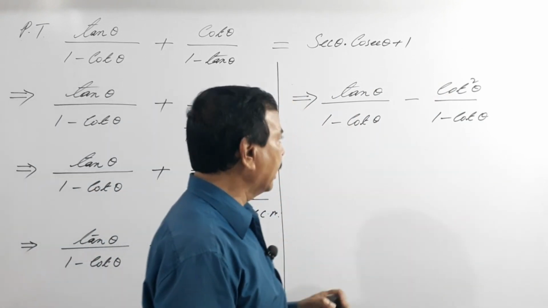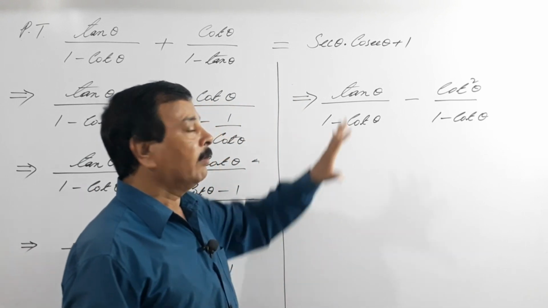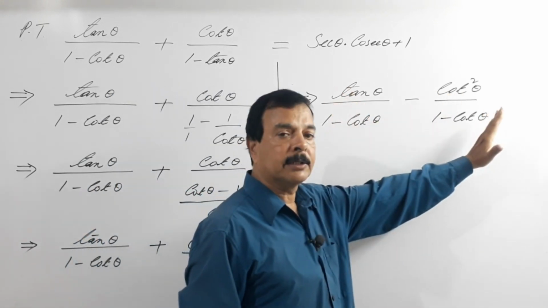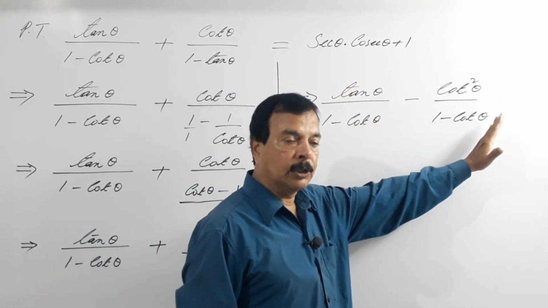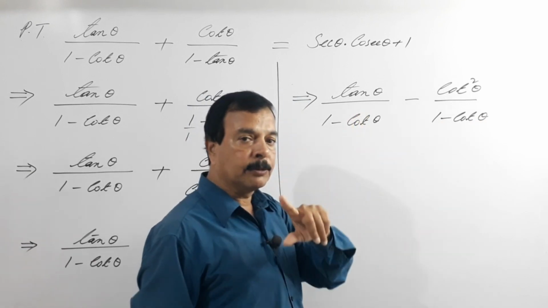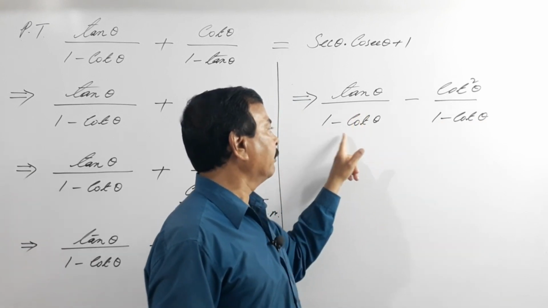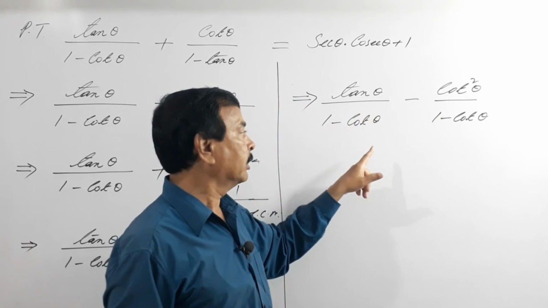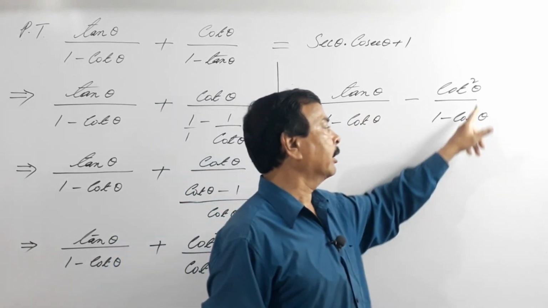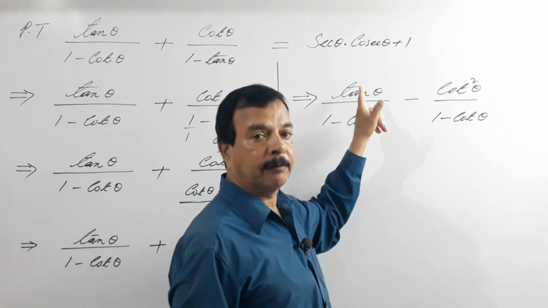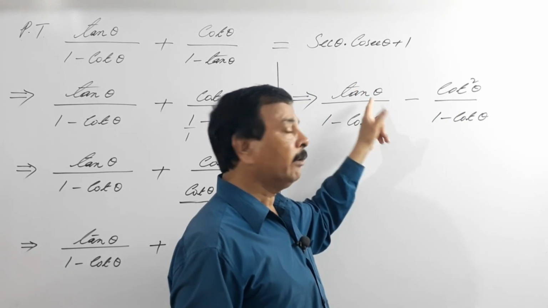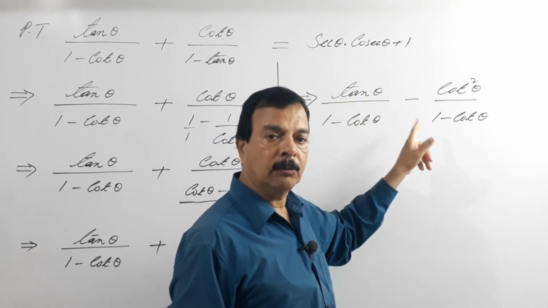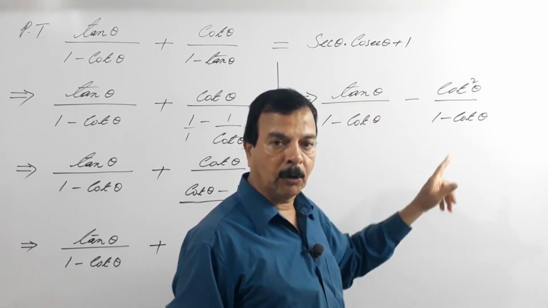So next step, after coming to this stage, I stop at this portion and try to bring it further. Observe here keenly. You have all the terms in terms of cot. Here 1 minus cot, 1 minus cot, here cot square. But here we have tan theta. So try to convert this also in terms of cot. How? Tan is nothing but 1 by cot, right?